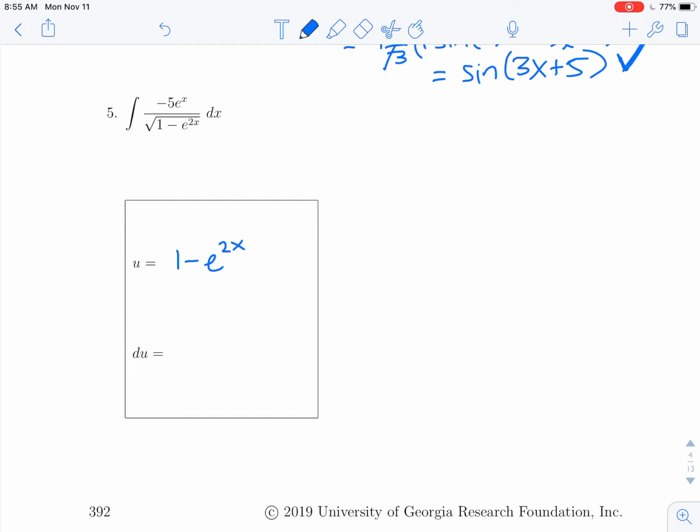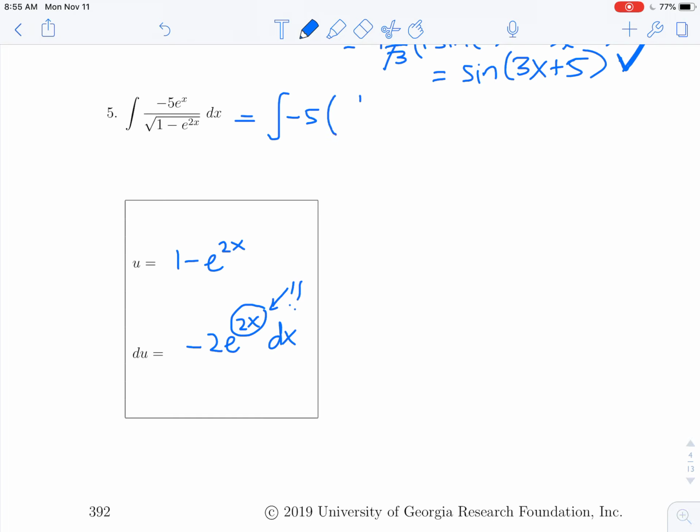If you use u equals 1 minus e to the 2x, your du is negative 2 e to the 2x dx. And there's a big problem. We don't have an e to the 2x floating around in our indefinite integral. Let's go ahead and take that negative 5 and just drag it away.